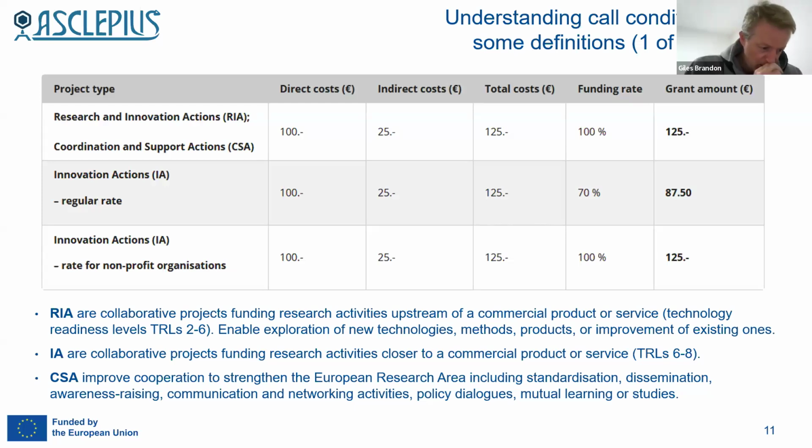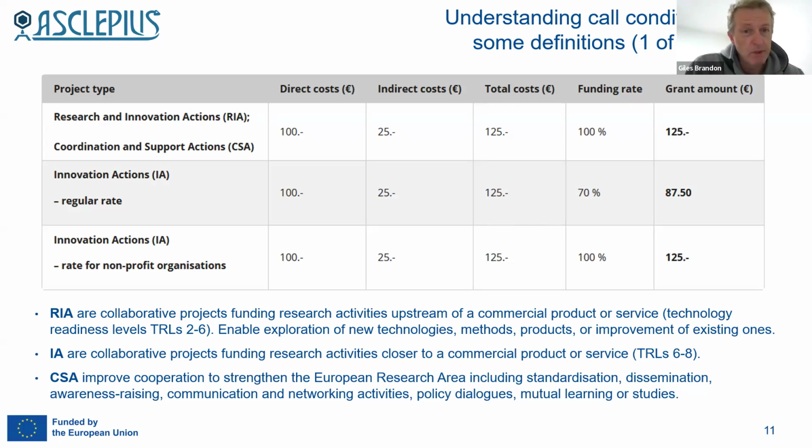Now the Commission recognizes that trying to calculate these overheads and allocating them to projects can be very, very complicated from an accounting perspective. So to simplify things, they say, look, for every 100 euros of direct costs, we're going to give you 25 euros of indirect costs.